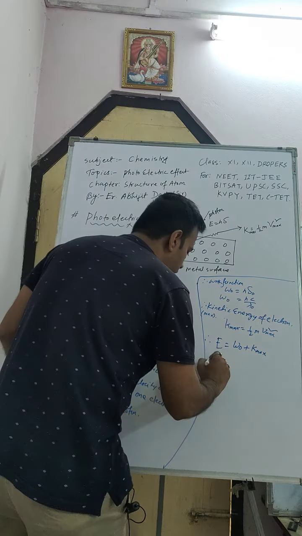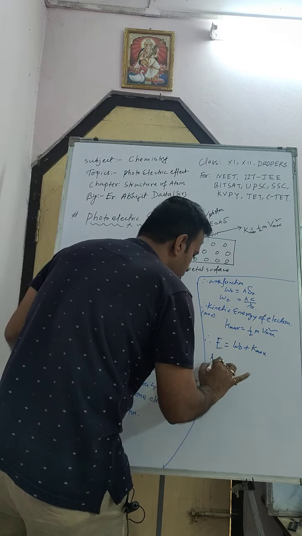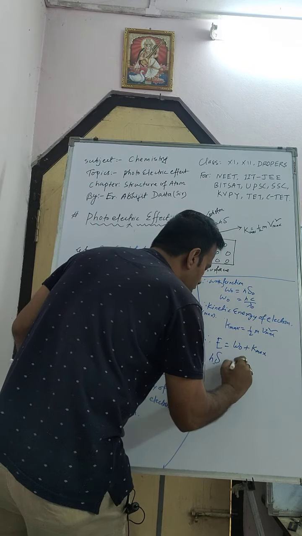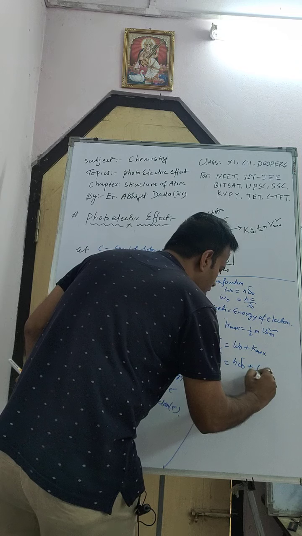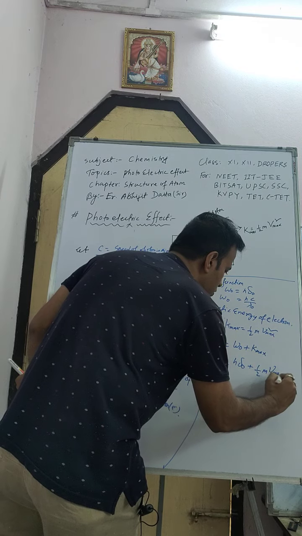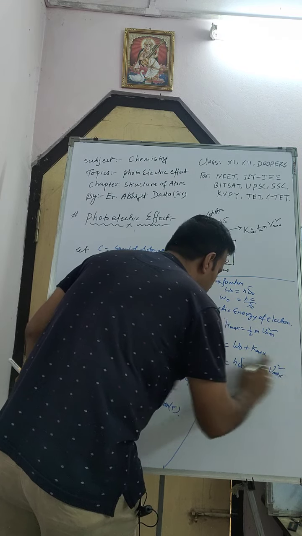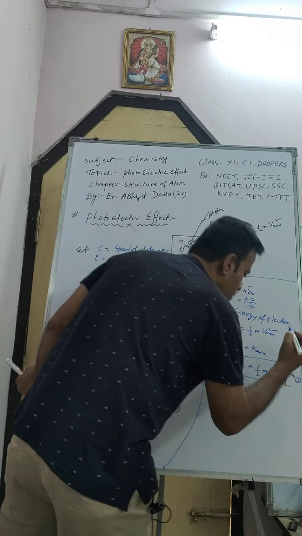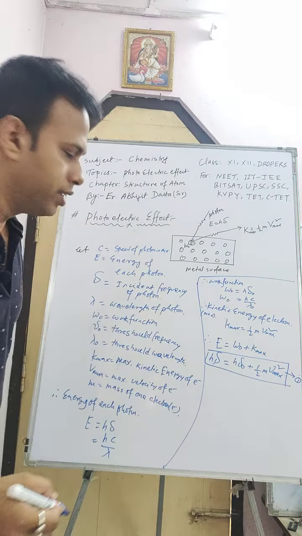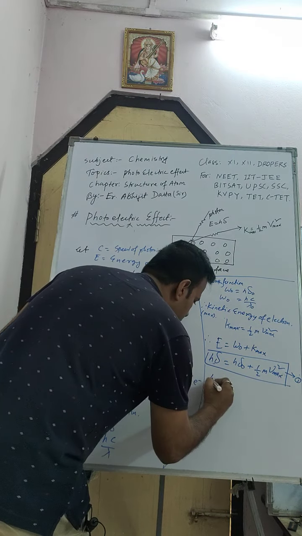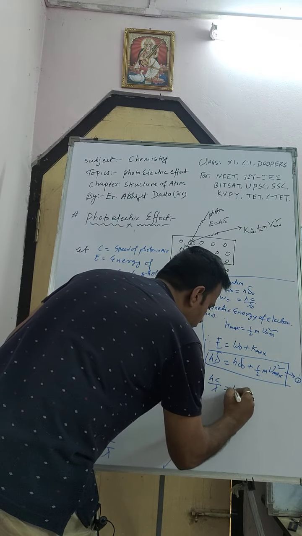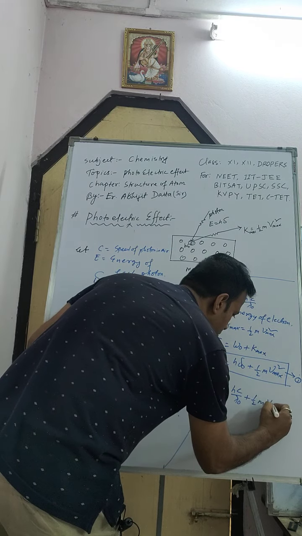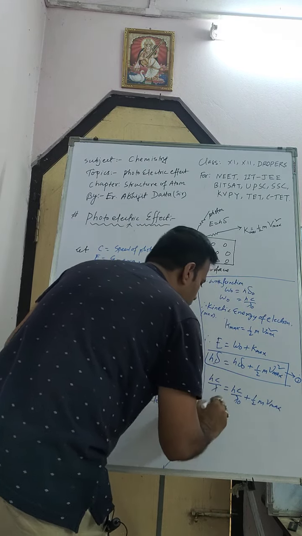So I write here h nu equals h nu 0 plus half m v max square. This is formula number 1. Next we can write it this way: hc by lambda equals hc by lambda 0 plus half m v max square.